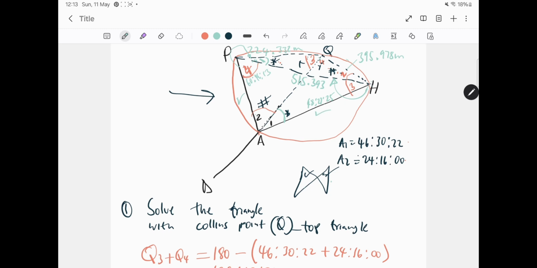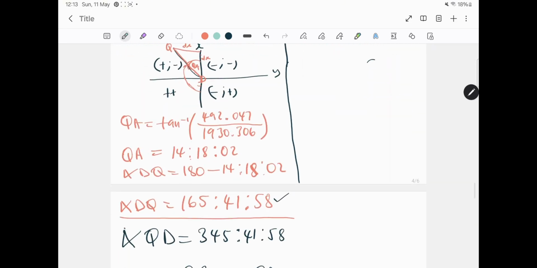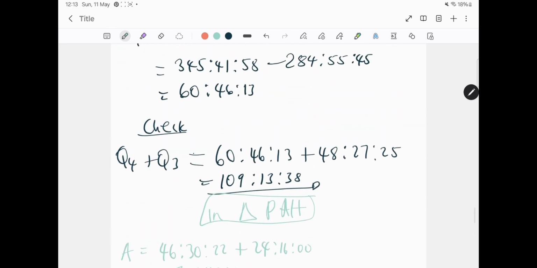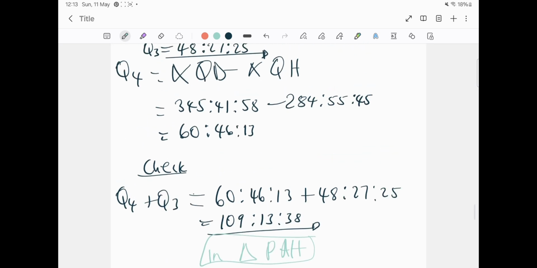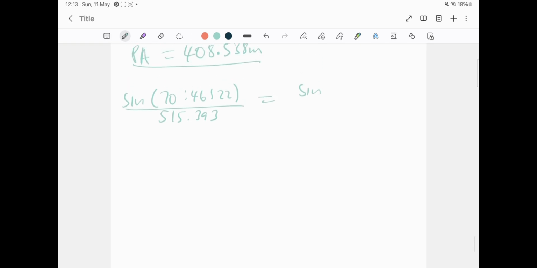Now we need to find out our HA. Same thing, sine this over this is equal to sine this over this. So using the sine rule again, as we use this one that we already had, sine 70, 46, 22 over 515.393 is equal to sine 60, 46, 13 over HA.